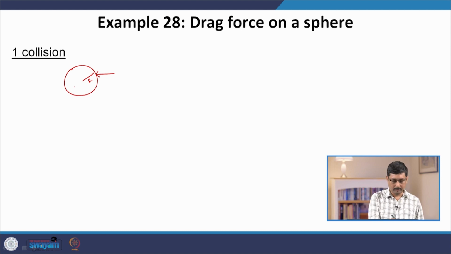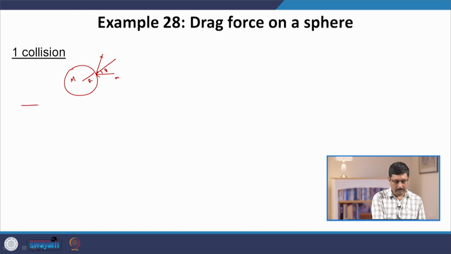This has a mass capital M, this has a mass small m. This particle hits the sphere and then it rebounds in this direction, suppose. Now, this angle is called theta.